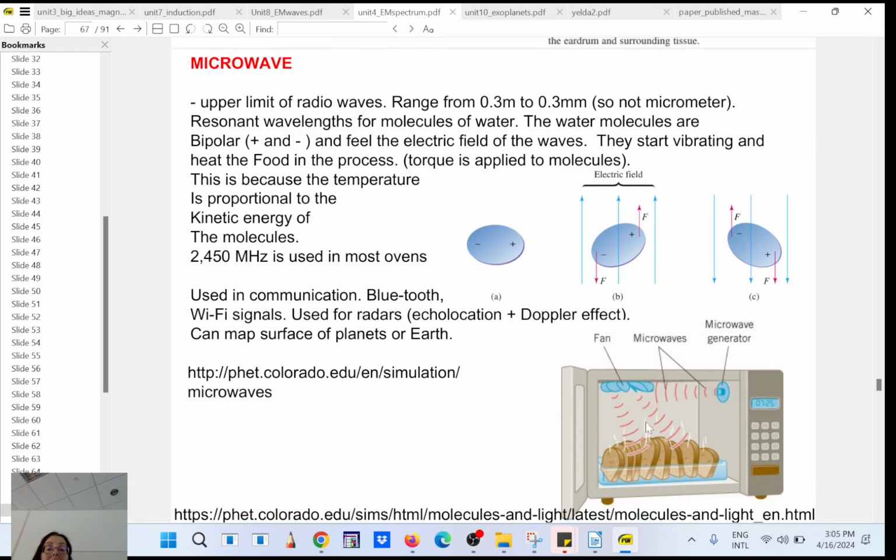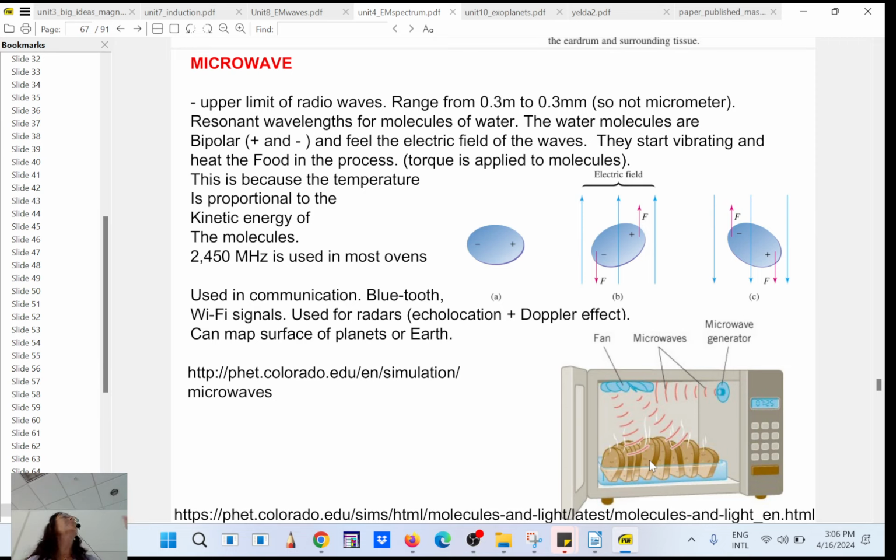Application: microwave oven. If you have food, and the food has to contain water, otherwise it doesn't work, right? And you have microwaves here. And remember, an electromagnetic wave is made of an oscillating electric field that will induce an oscillating magnetic field, that will induce an oscillating electric field, that will induce an oscillating, I forgot.